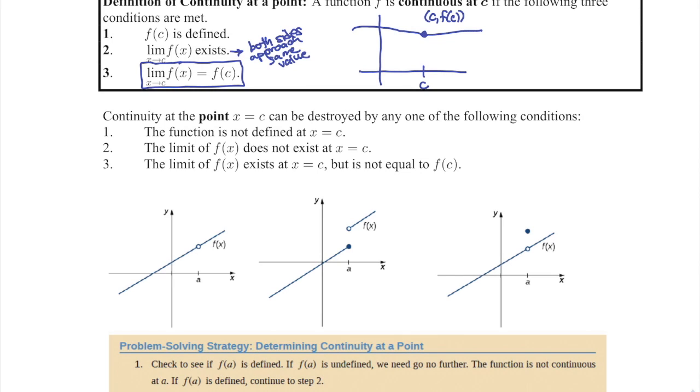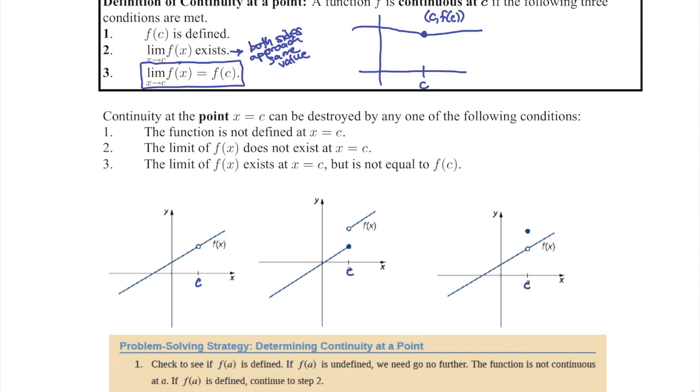So continuity at a point can be destroyed if any one of the following conditions fails. So if the function is not defined at C, then the function is not continuous at that point, and my values here should be C instead of A. I'm catching that right now.